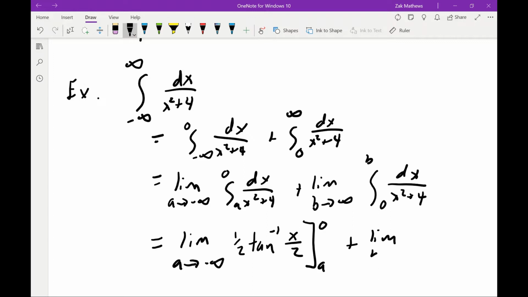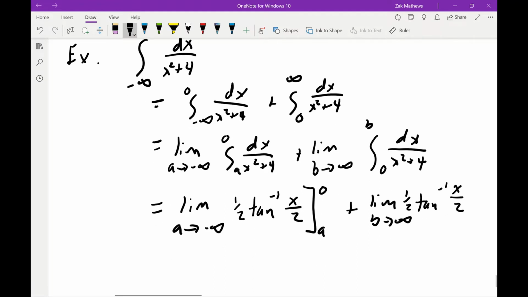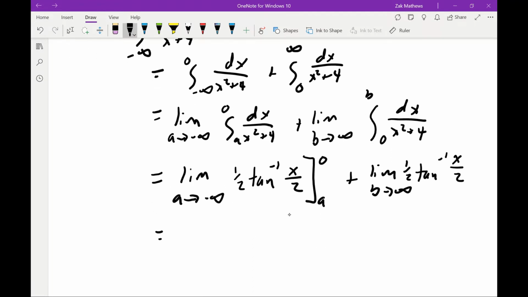We'll have the limit as b goes to infinity. Well, this one's going to have to be the same, 1 over x squared plus 4. That's going to also be the inverse tangent of x over 2, but I'm going to have that coefficient of 1/2 in front. And so notice we can pull the 1/2 to the front just to make our life a little bit easier.